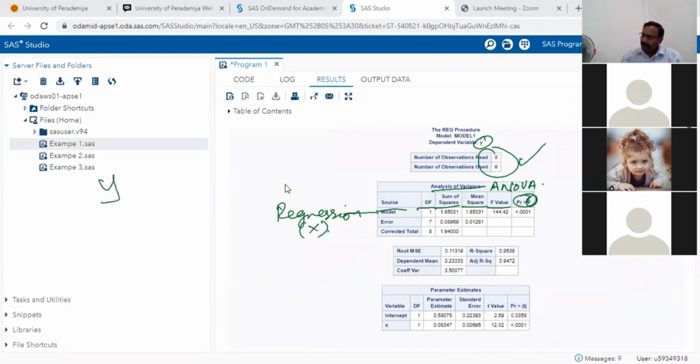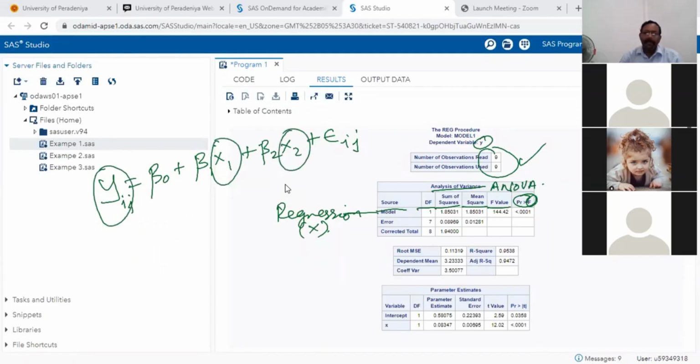Suppose you are doing regression with several variables. I'll take a very simple one. Now here, we have several variables. What are those variables? Dependent variable.